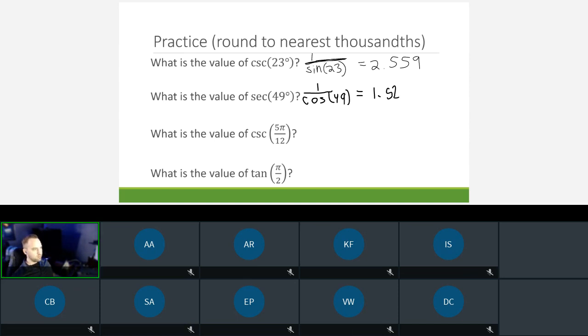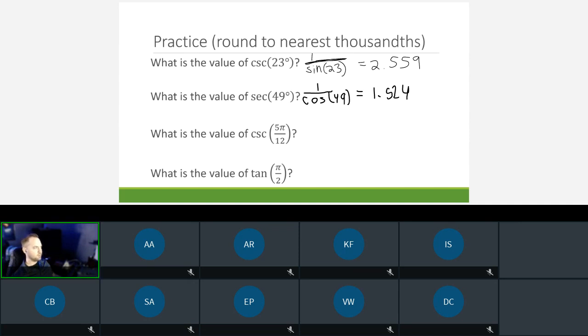All right, everyone agree it's 1.524? I'm not going to type it in. I'm going to go with the majority, and hopefully you guys rounded it correctly. 1.524. All right, good, good.